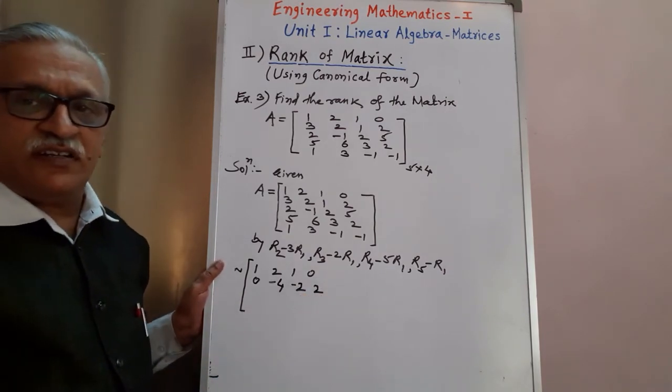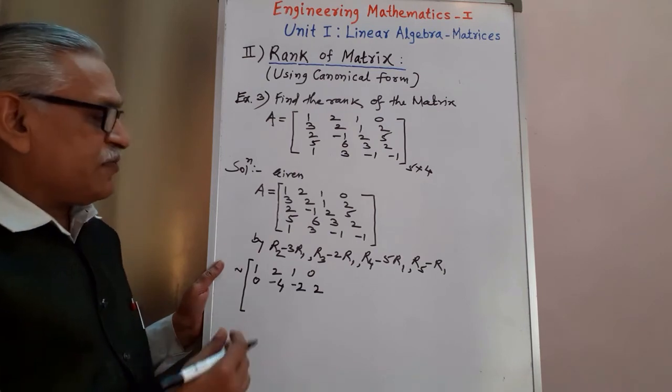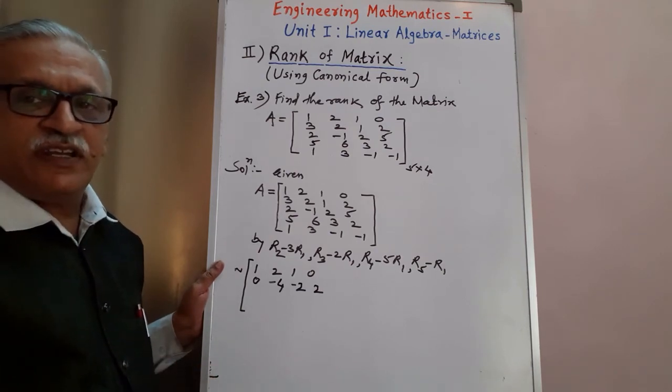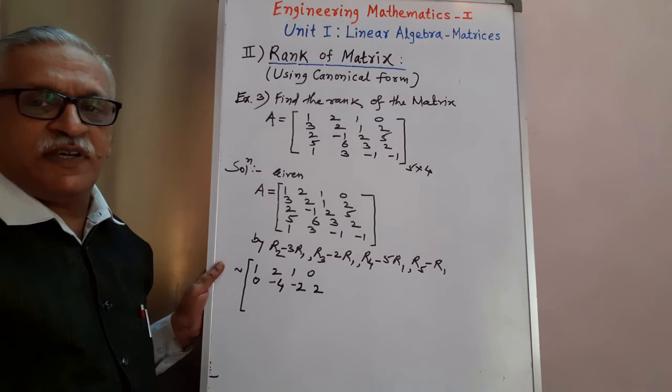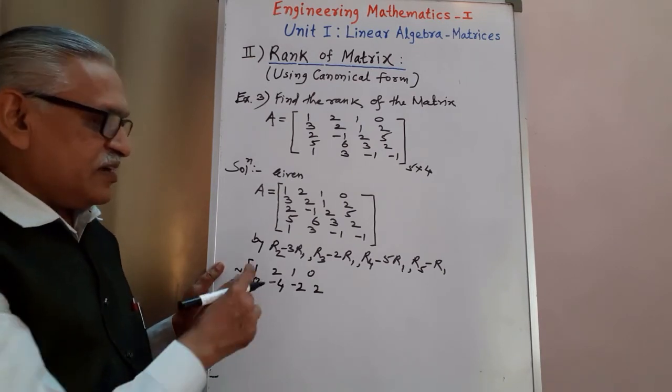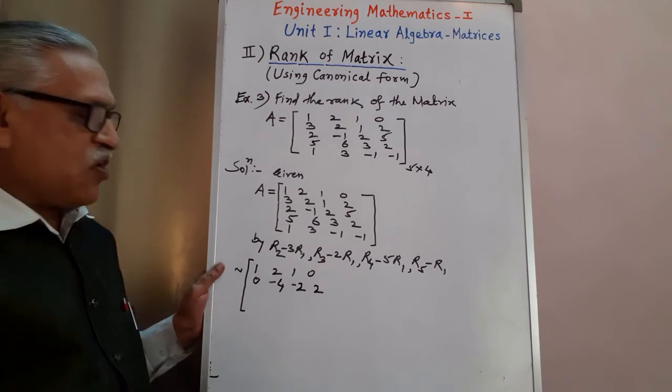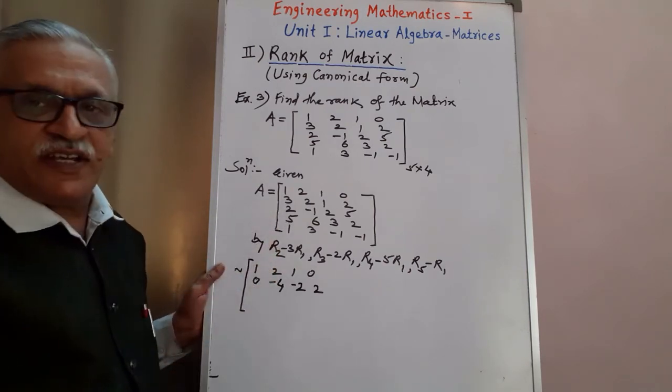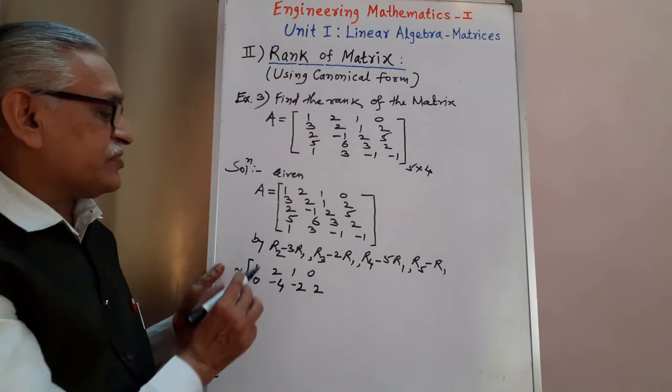Here only take care that you have to perform all the steps without any error. All the calculation must be error free. Then and only then we have the correct answer. A single mistake may lead to a wrong answer. Therefore, be very careful while performing the calculation.